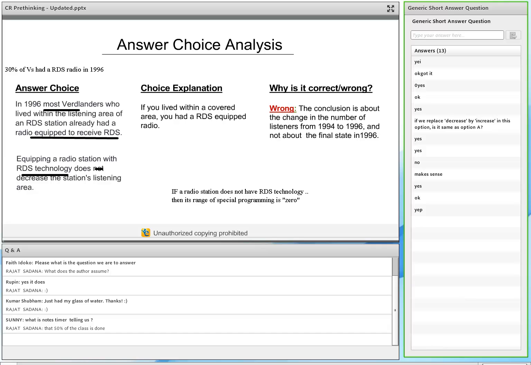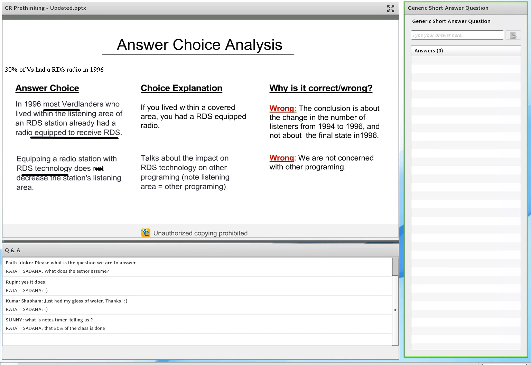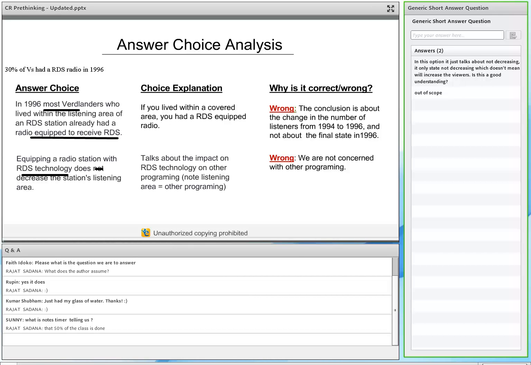So if equipping a radio station with RDS technology impacts any programming, it's not special programming. It's actually non-special programming that this choice indirectly is talking about. And we don't care about non-special programming, because the conclusion only cares about special programming. Do you guys get it?